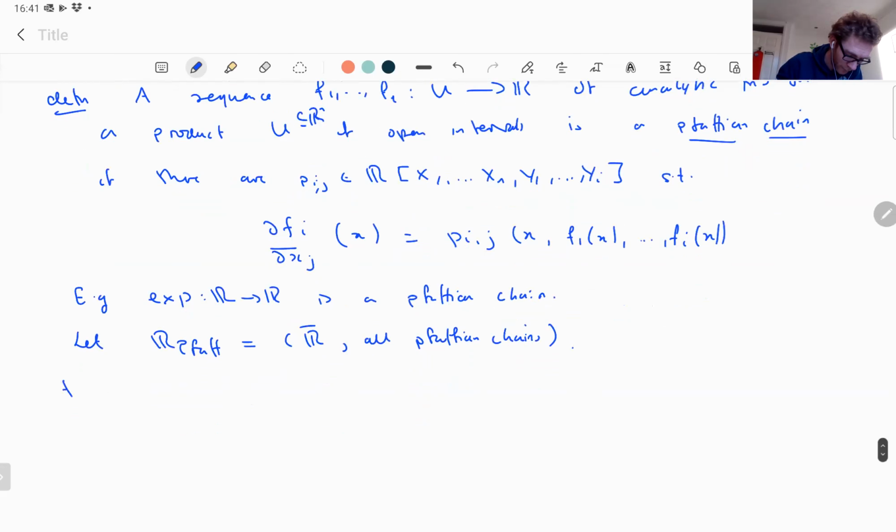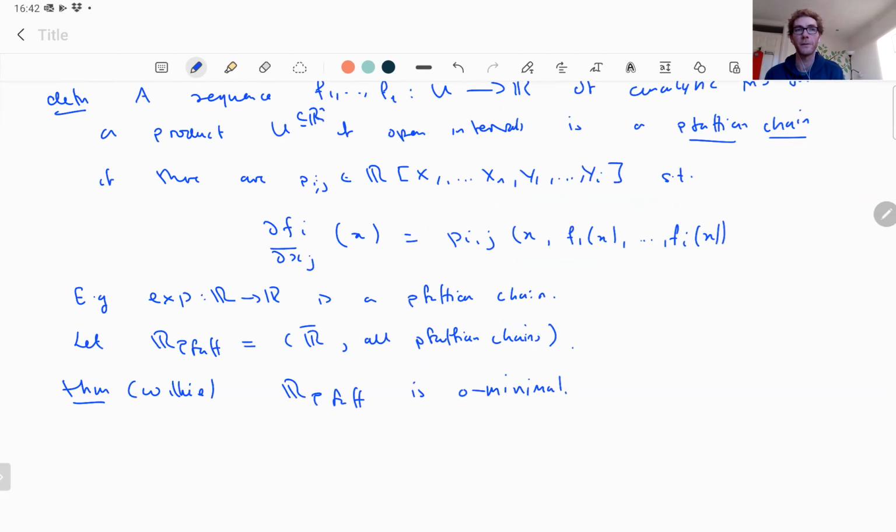And then Wilkie proved that R_Pfaff is o-minimal. So we have the Pila-Wilkie theorem here. But as I said, that doesn't seem to be quite enough.